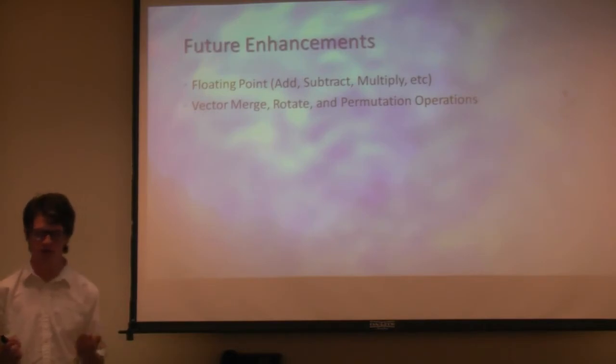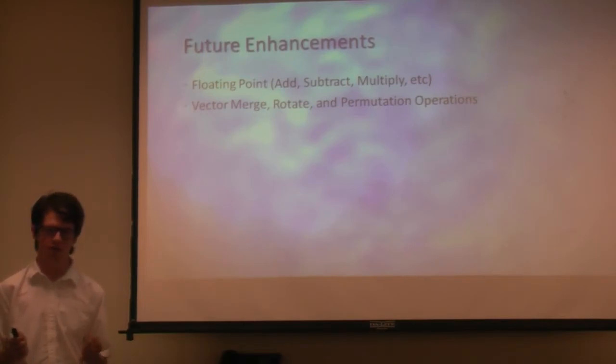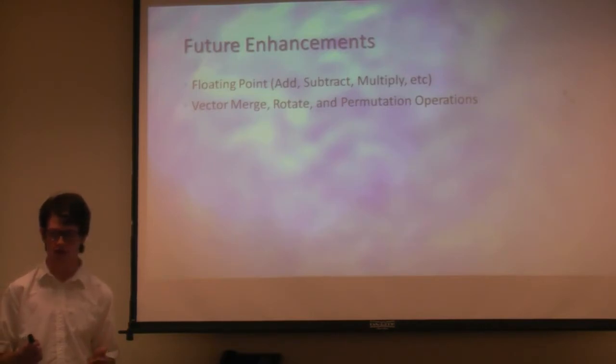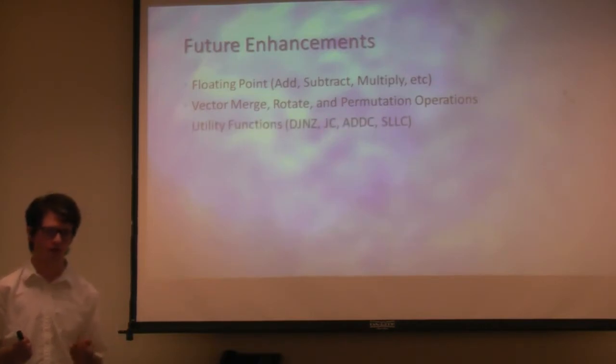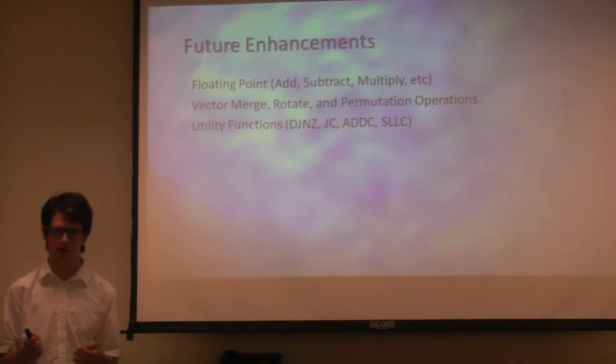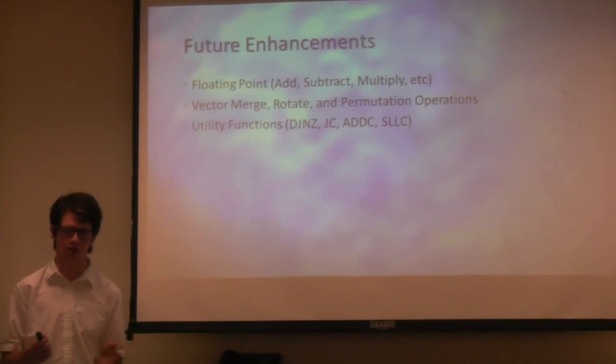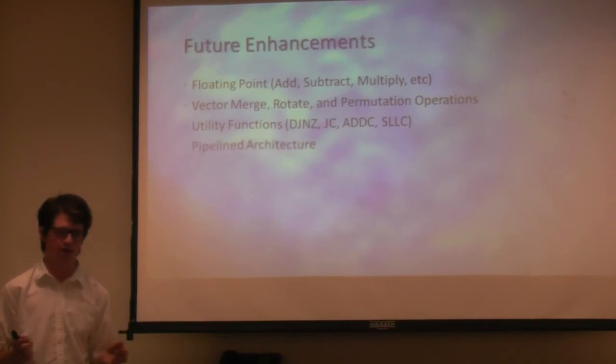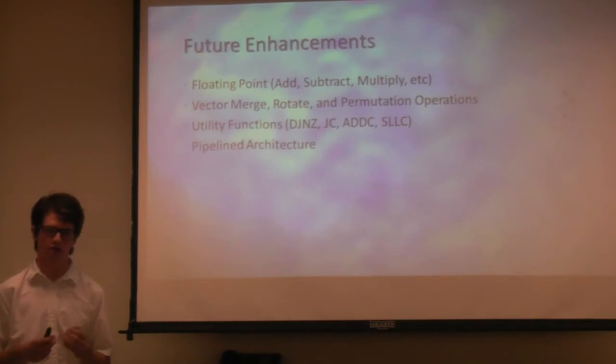In addition to floating point, we would add vector merge, rotate, and permutate functions in order to allow matrix transposing and rotation to be facilitated by those new functions. We would add utility functions such as decrement jump not 0, jump carry, add with carry, and shift left logical with carry. Those are just a few. And we would also pipeline this architecture in order to increase the throughput even more than we did.